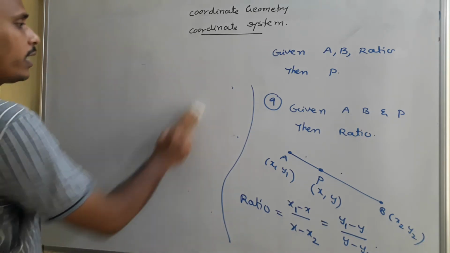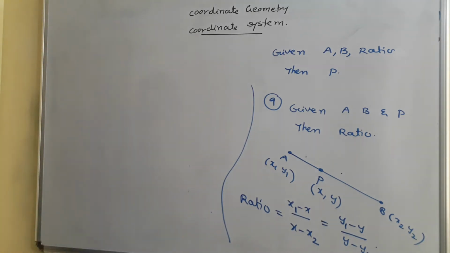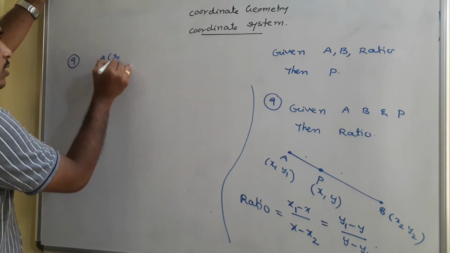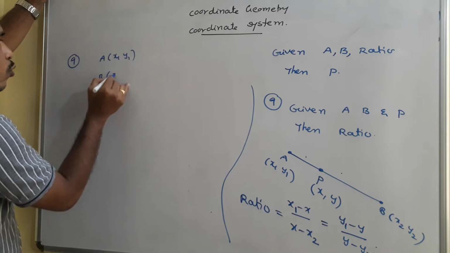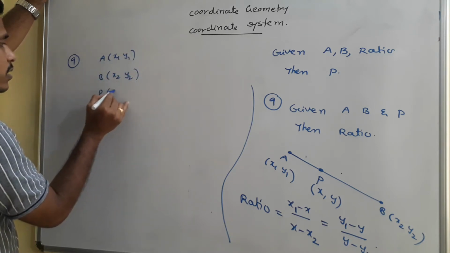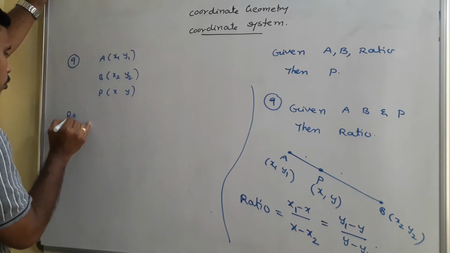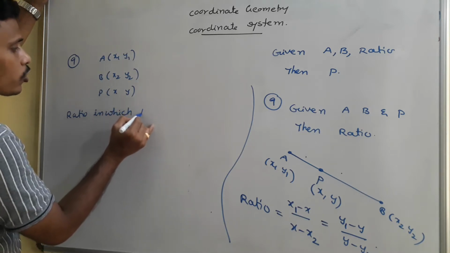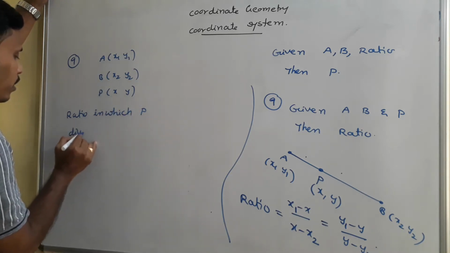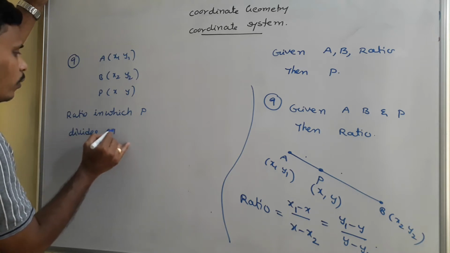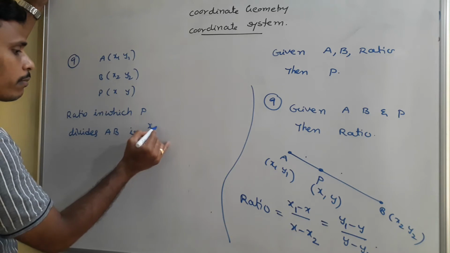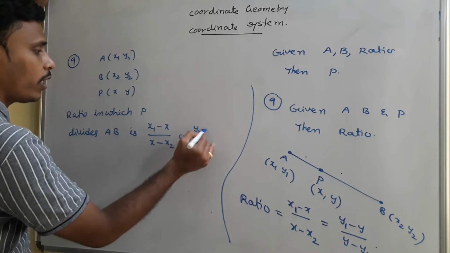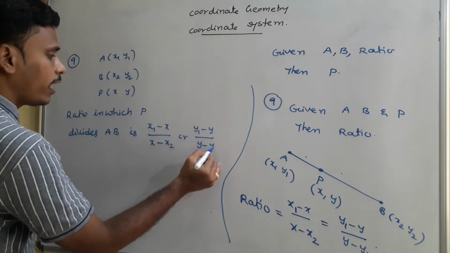Just have a look. At the end, what I conclude, in that ninth point, is this: if A (x1, y1) is given, B (x2, y2) is given, and P (x, y) is given, the ratio in which P divides AB is (x1 minus x) divided by (x minus x2), or (y1 minus y) divided by (y minus y2).